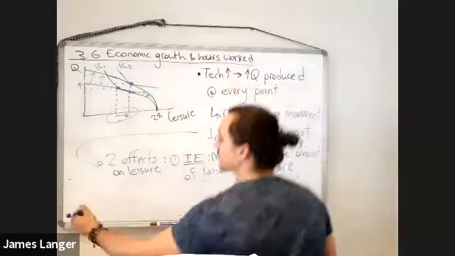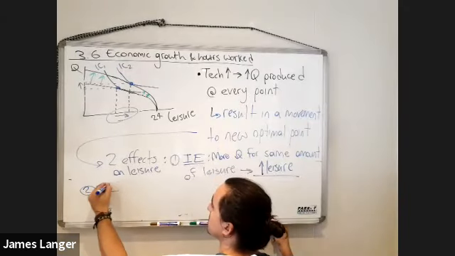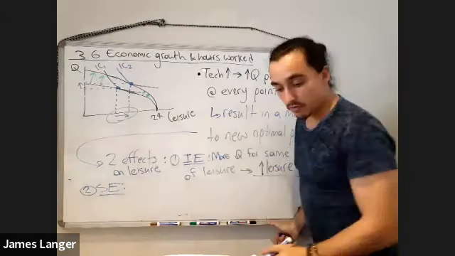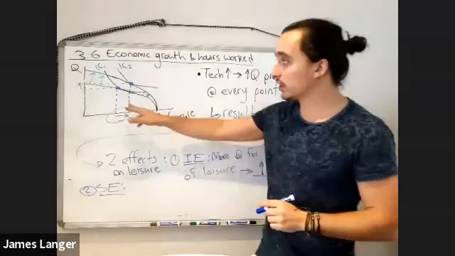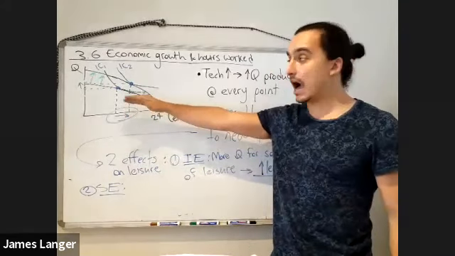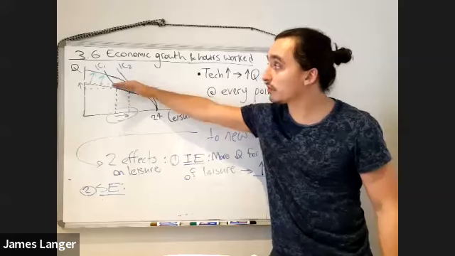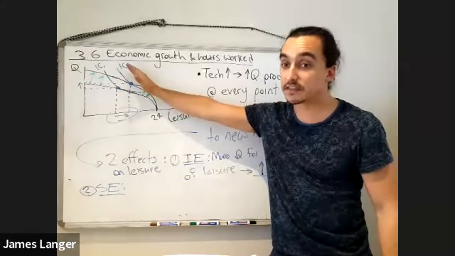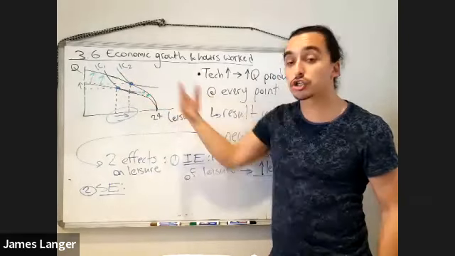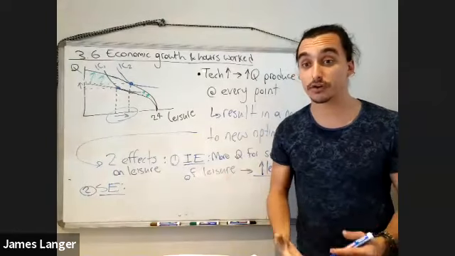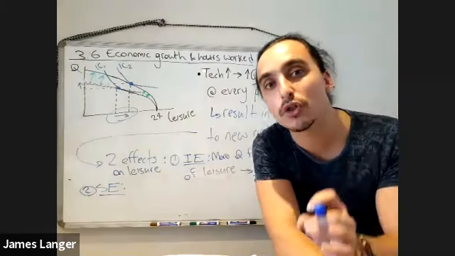Okay, but the other effect is the substitution effect. Now, listen carefully and look up at the board. Because this has swiveled upwards, we see that the absolute value of the slope has increased. The marginal rate of transformation has increased. Now it's saying to you, but hold on.